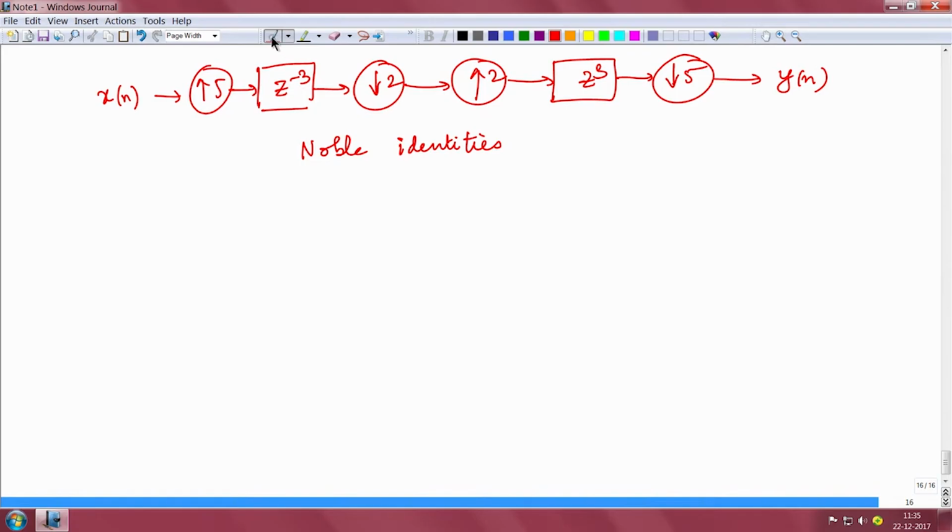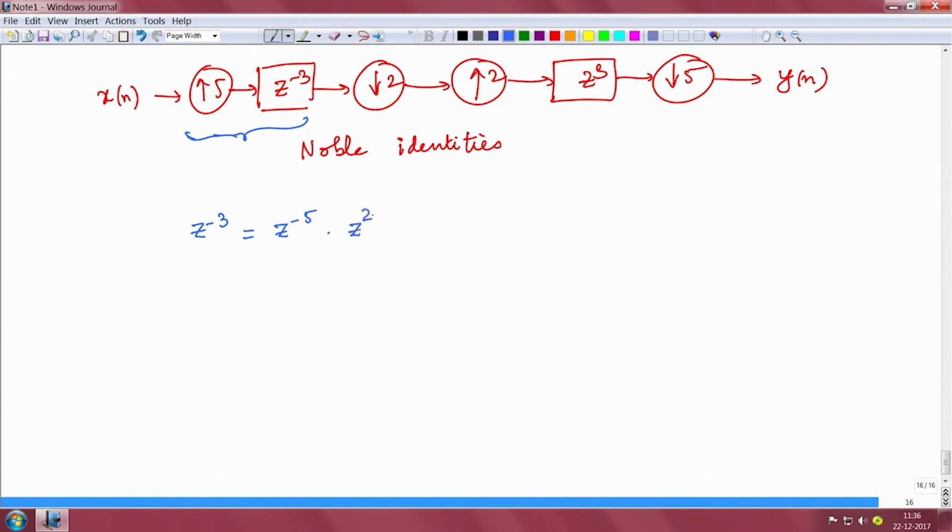So this block we are going to simplify as follows. z^(-3) we will write as z^(-5) times z^2.